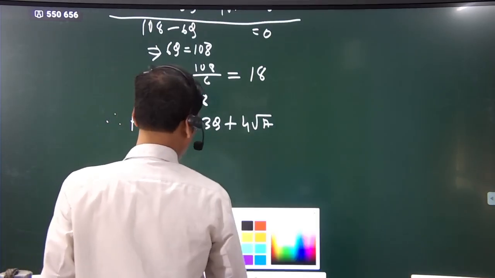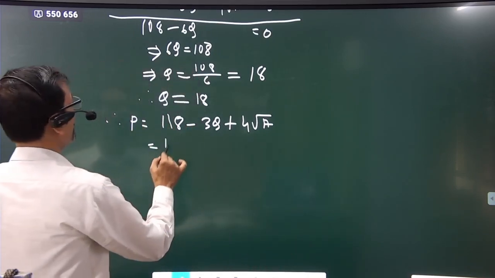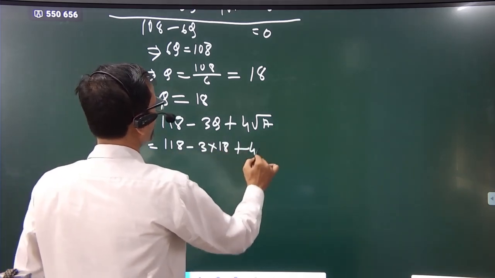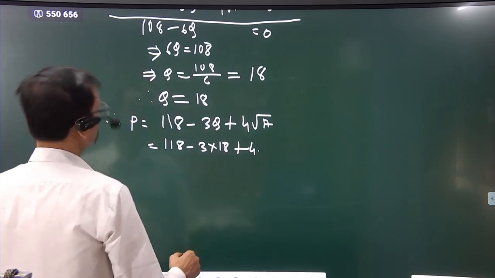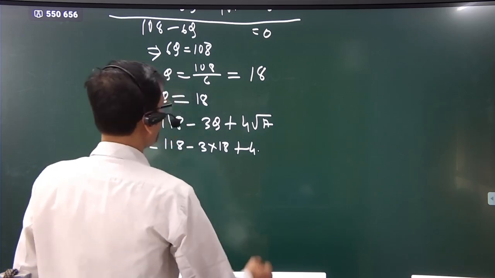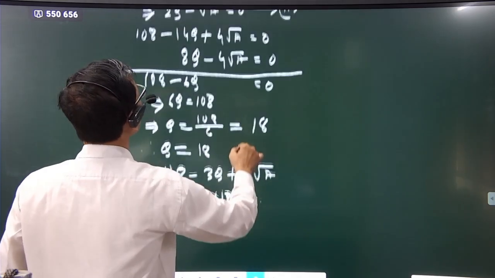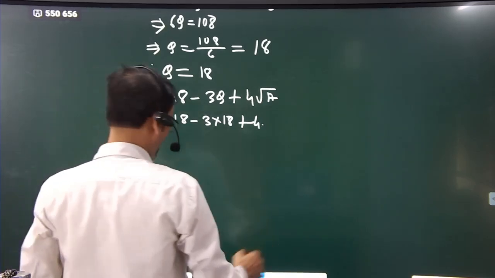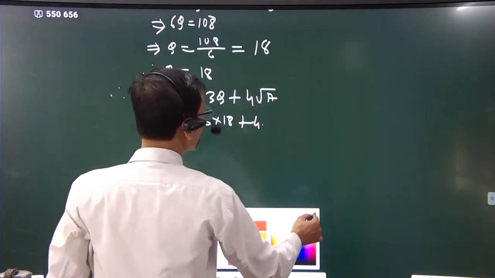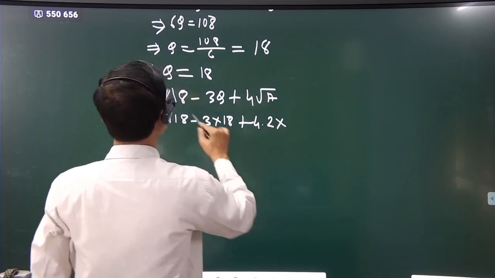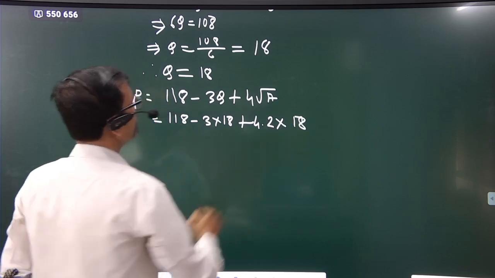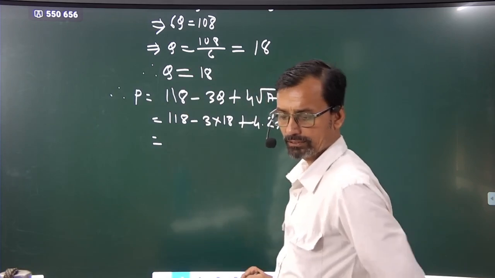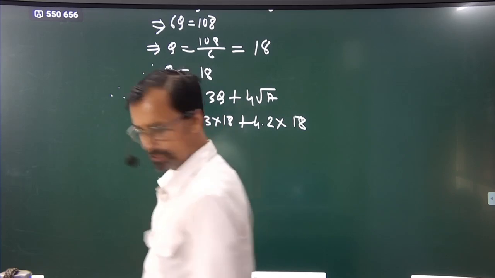So 118 minus 3 into 18 plus 4 into 2Q, where 2Q means 2 into Q, value 18. By solving this, we will get the price of 208.